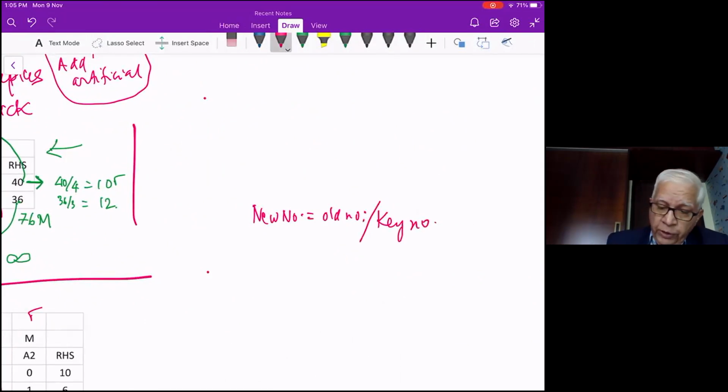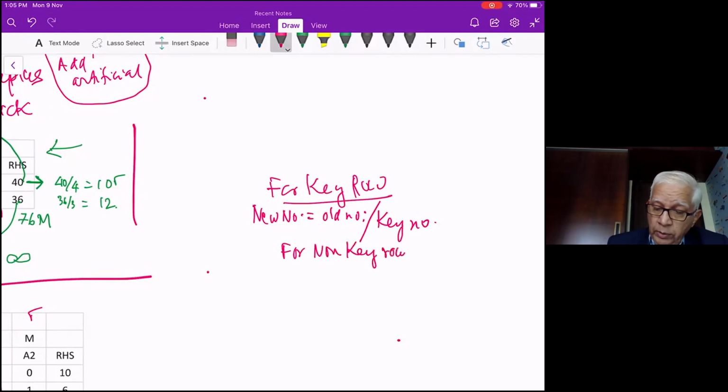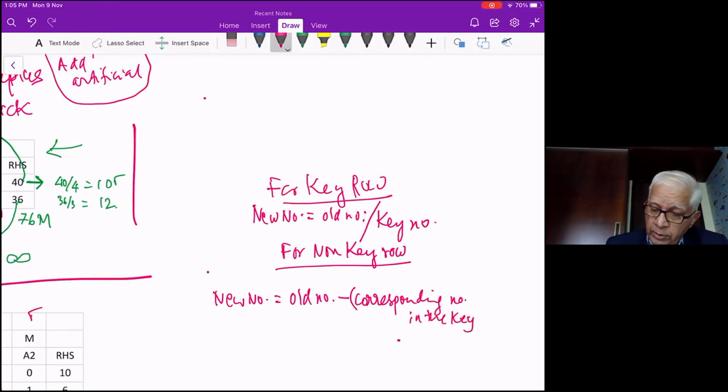This is the formula for the key row. Now for the non-key row, what is the formula? New number is equal to old number minus, there is a term in the bracket, the corresponding number in the key row into key ratio. Okay, fine.